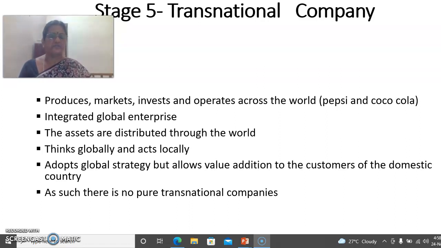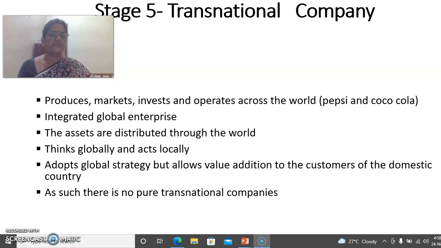Finally, we can conclude that any company first has to start as a domestic company by providing its products and services to the domestic customers. Then it has to extend its wings to the foreign markets in terms of exporting, and then it has to consider the needs and preferences of each and every foreign market and convert itself into a multinational company.